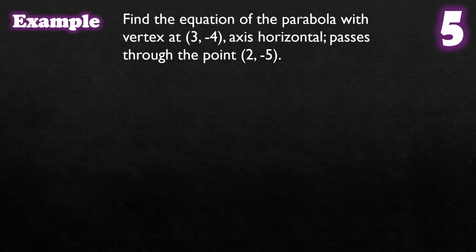Therefore, we can use the standard form of the equation of the parabola. y minus k squared is equal to 4c times x minus h. We can get the value of c by substituting 3, -4 to h, k and 2, -5 to x, y.